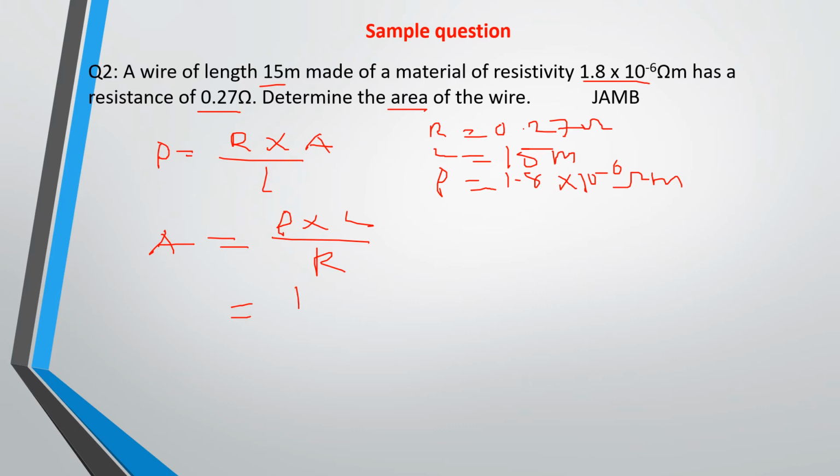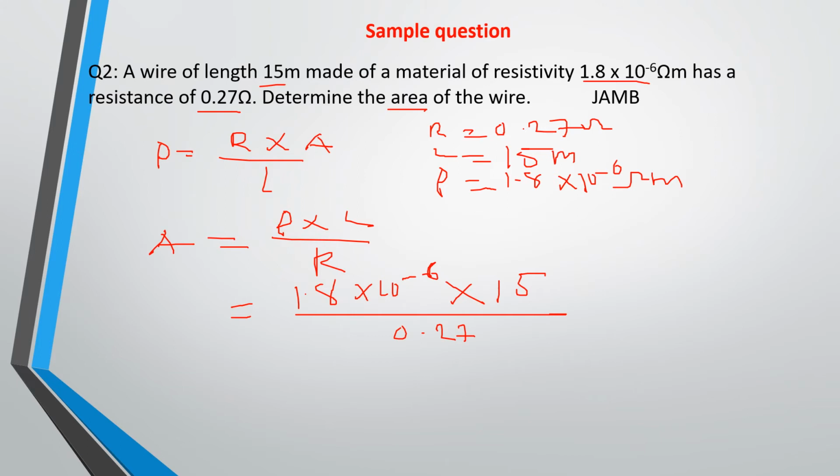You have 1.8 times 10 raised to power minus 6, multiplied by the length, which is 15, all divided by resistance, which is 0.27.